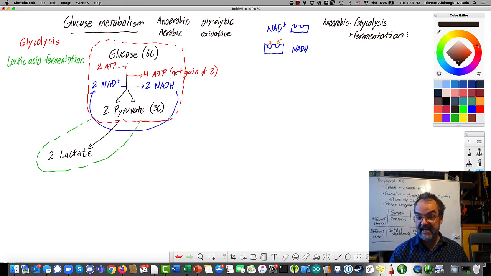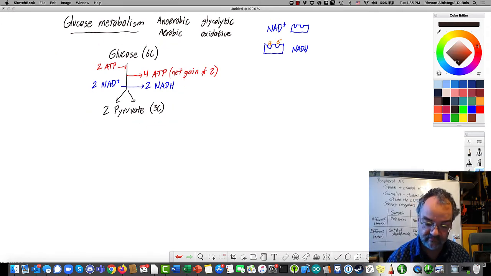The net gain of glycolysis is 2 molecules of ATP from that original glucose, which is not much, but it's something. And it has the advantage that it requires only stuff that's in the regular cytoplasm of the cell, and it's very fast, and requires no oxygen. Notice, no oxygen is necessary in there. So that's the possibility of anaerobic metabolism.